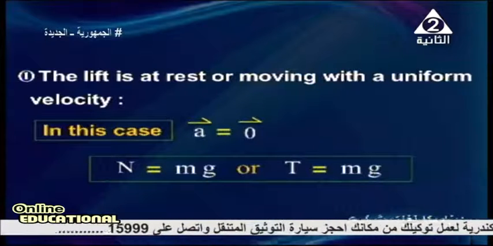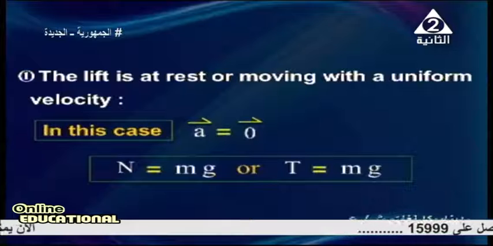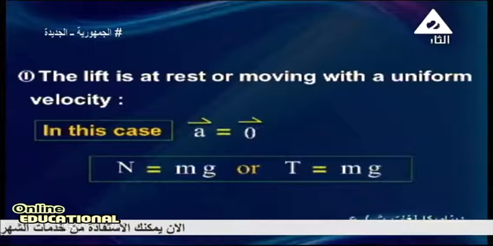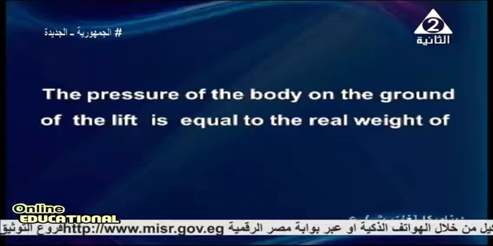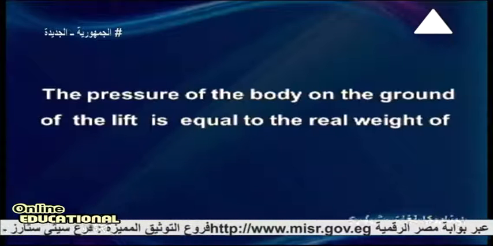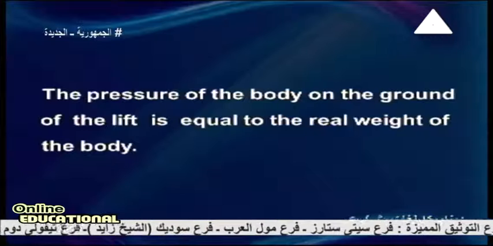Then the acceleration vector a equals the zero vector, and the pressure N equals mg, or the tension T equals mg. We can note that the pressure of the body on the floor of the lift is equal to the real weight of the body, N equals mg.